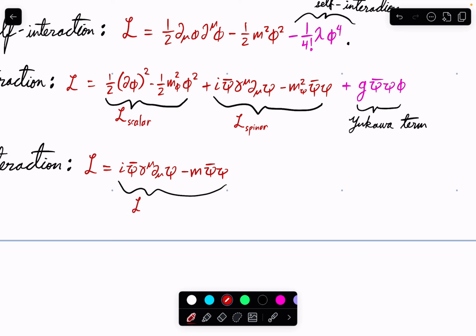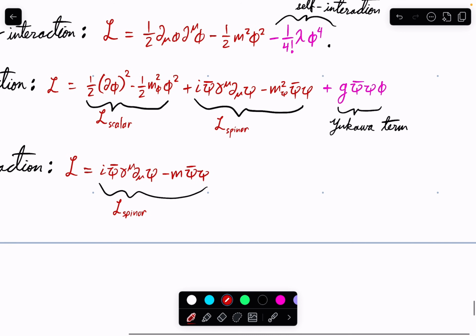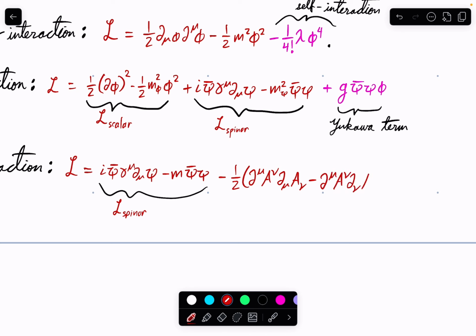So this is just the spinor Lagrangian. Then minus 1/2 partial mu A nu, partial mu A nu, minus partial mu A nu, partial mu A mu.